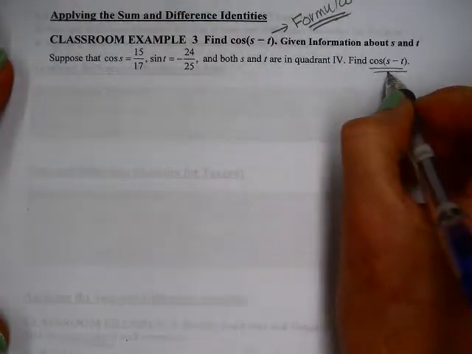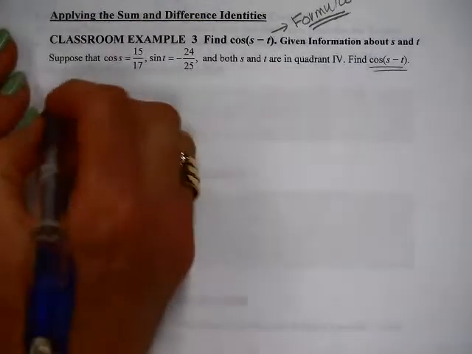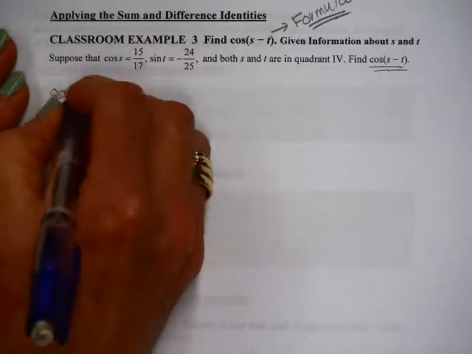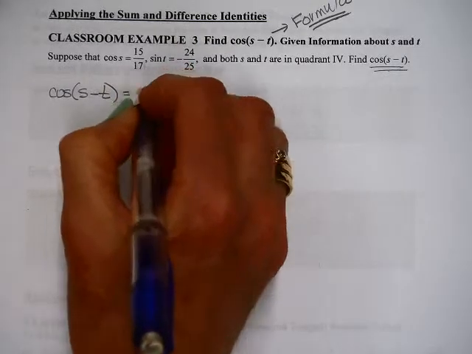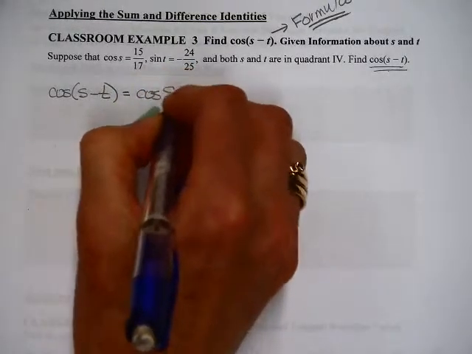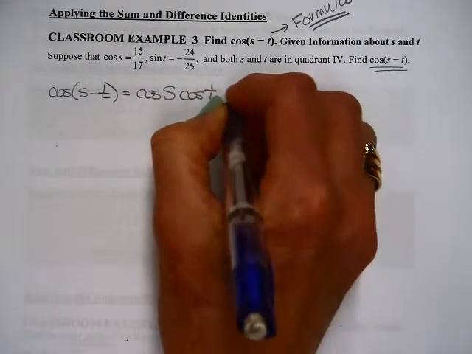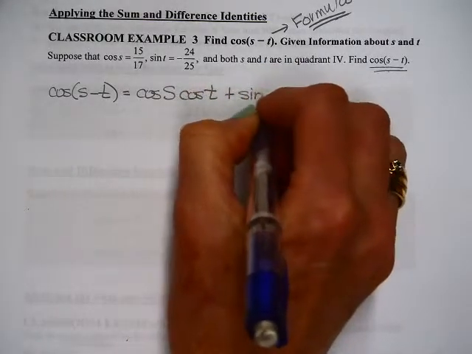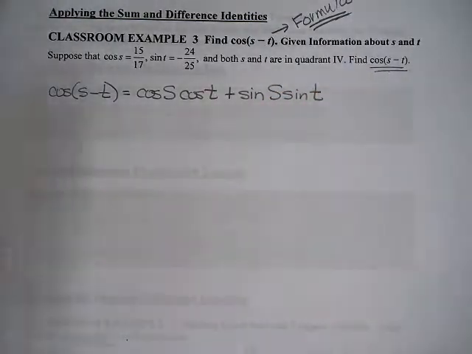So the cosine of s minus t is the same thing as the cosine of a minus b. So I'm going to write my formula down so I'll know what I'm dealing with. The cosine of s minus t is cosine of s times the cosine of t, and sine of s. Can I change it to A and B if I want to? Yes, you can.